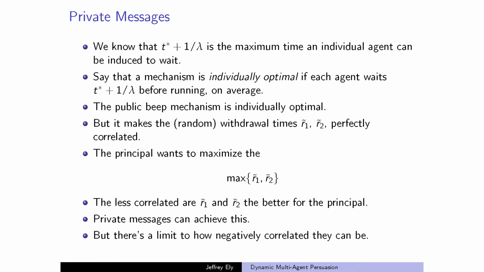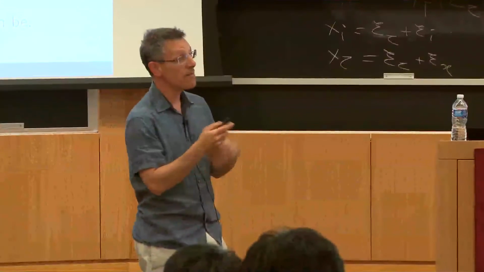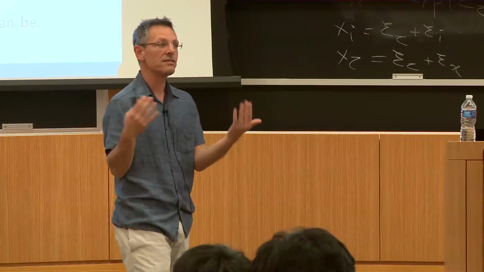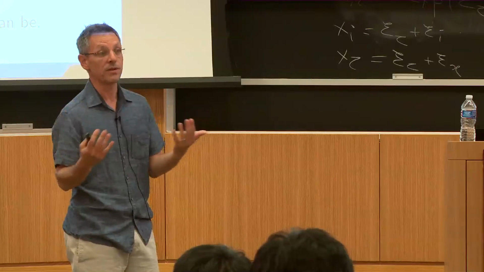By making them less correlated, the gain he gets is that when agent 1 withdraws early, agent 2 withdraws later. And so the time at which the bank run happens is later. So the problem with the public beep is that there's perfect correlation between R tilde 1 and R tilde 2. So the potential benefit of private mechanisms is that they can make these variables uncorrelated.